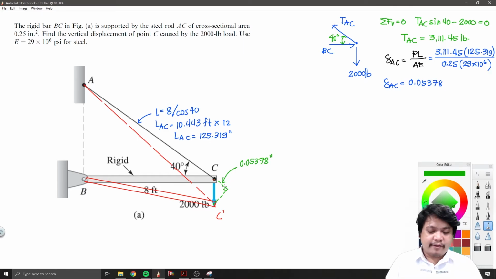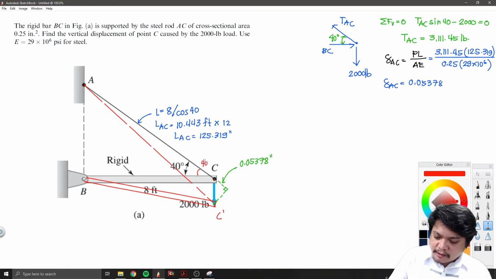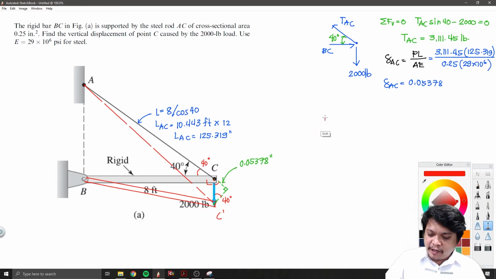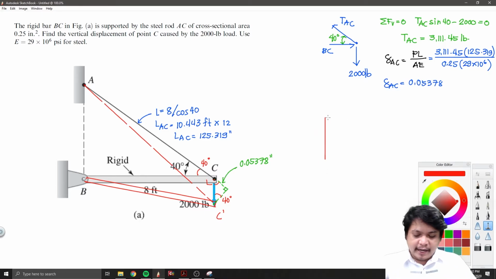So, that is the deformation. And then, if this is 40 degrees, this is 90 degrees, 180 minus 90. So, 90 minus 40. So, this is 50. So, eto dito mapupunta yung ating 40 degrees.